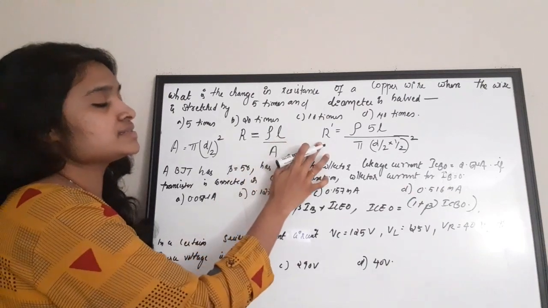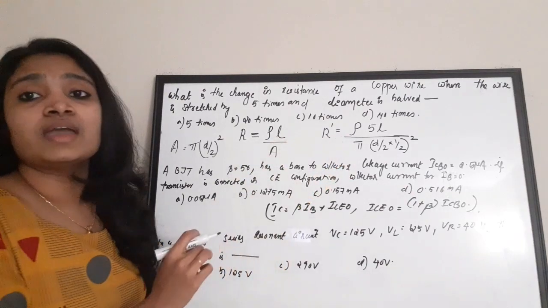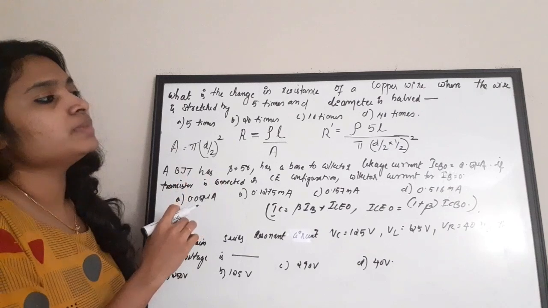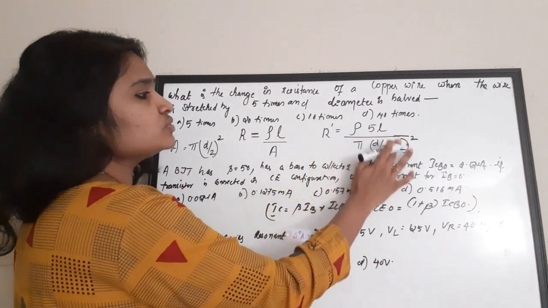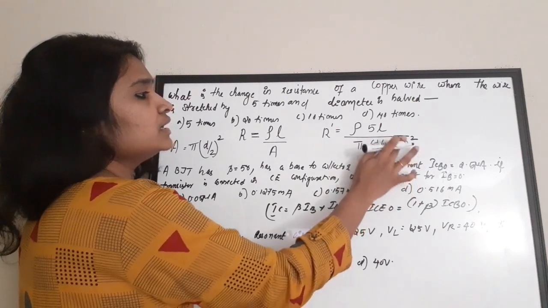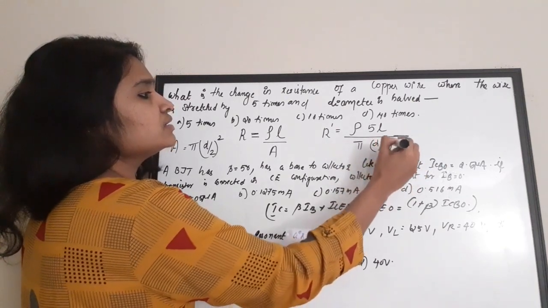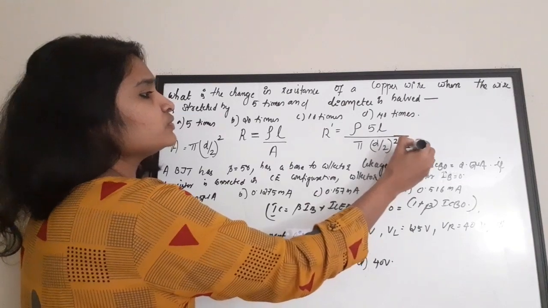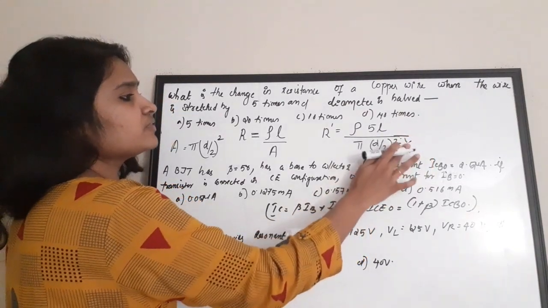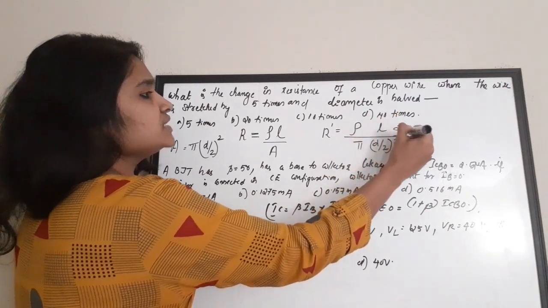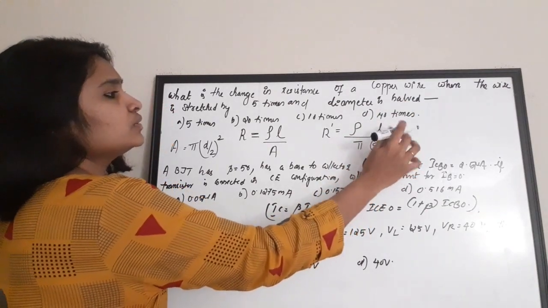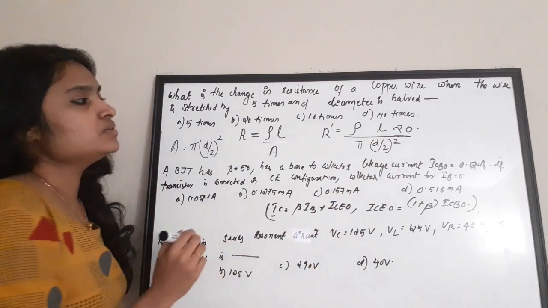So R dash is equal to rho into 5L by pi into D by 2 into 1 by 2, the whole square. You can write this 1 by 2 square and take it outside, so it is D by 2 the whole square into 1 by 4. If you take this 1 by 4 to the numerator, it will be 5 into 4, which is equal to 20 times rho into L by pi into D by 2 the whole square.